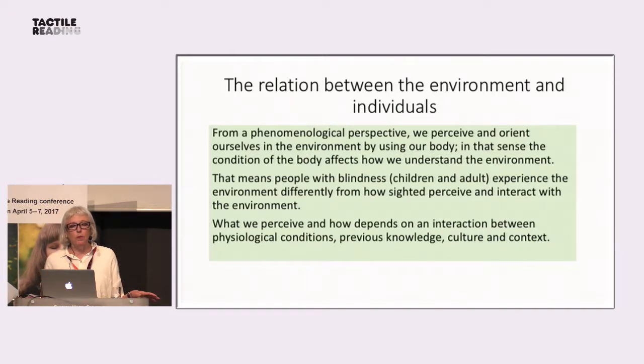That means people with blindness, children and adults, experience the environment differently from how sighted people perceive and interact with it. What we perceive and how depends on an interaction between psychological conditions, previous knowledge, culture, and context.